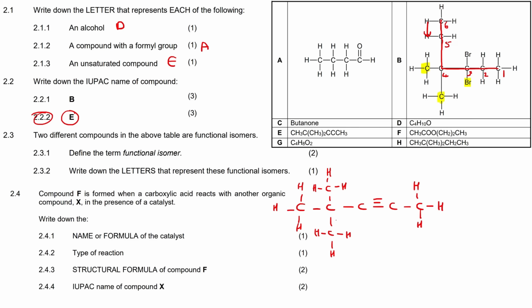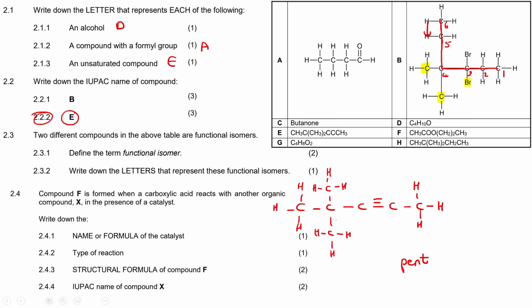Okay, so to name this one, we first look for the longest continuous chain, which is just going to be 1, 2, 3, 4, 5. So that's going to be pent. And we can see that we have a triple bond. So we have to honor that triple bond, and we name it from the side that's closest to that triple bond. It's not the same as a haloalkane. With a haloalkane, you don't really have to label it from the side closest to that.